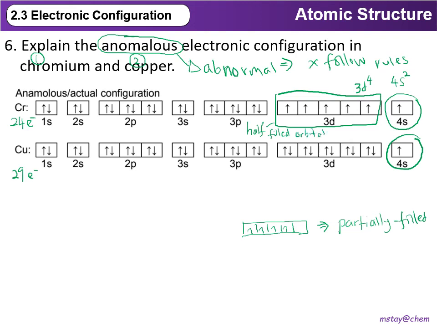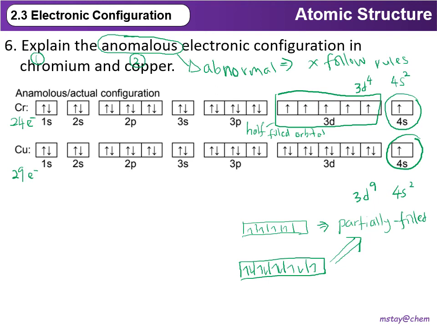For copper, if we follow the rules, we will get 4s2 and then 3d9. If I plot the 3d orbitals, there are 5 orbitals: 1, 2, 3, 4, 5, 6, 7, 8, 9. This kind of orbital we also consider as partially filled.